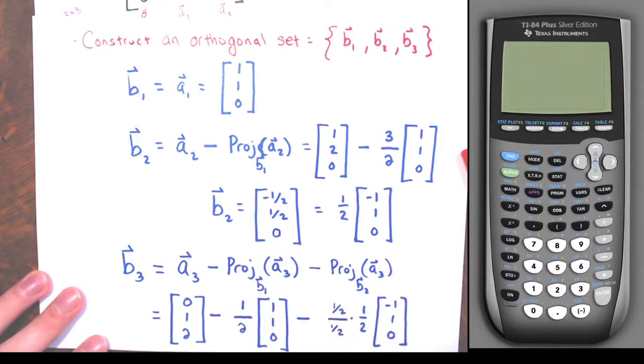So the projection of A3 onto B2 is just B2.